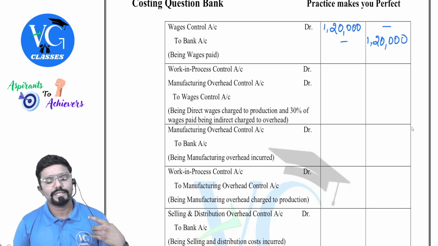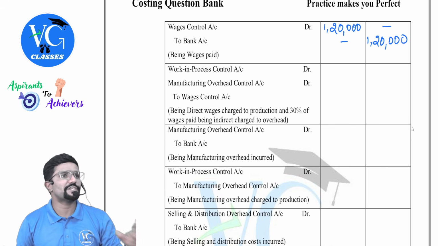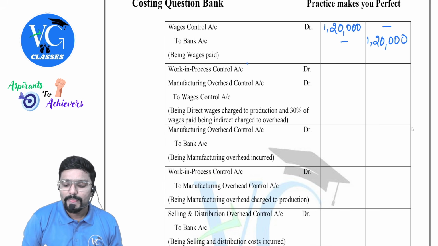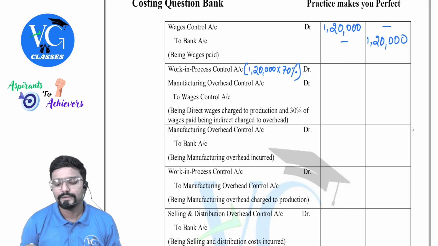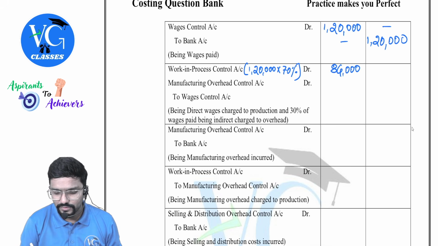Clear? Next, we have to transfer direct to WIP control, indirect to manufacturing overhead. 30% is indirect, 70% is direct. 84,000 we are transferring to WIP control and remaining 36,000 to manufacturing overhead.